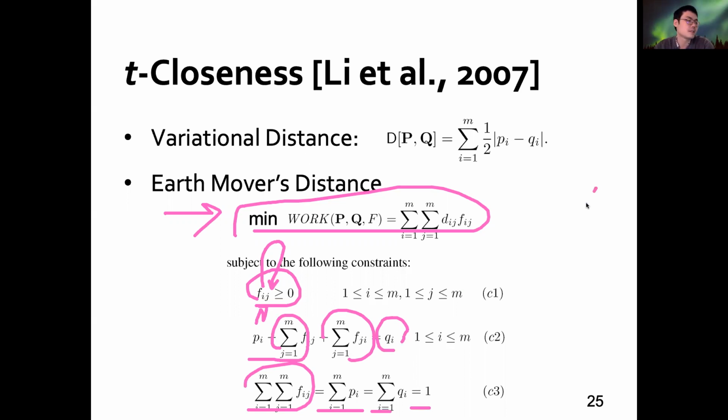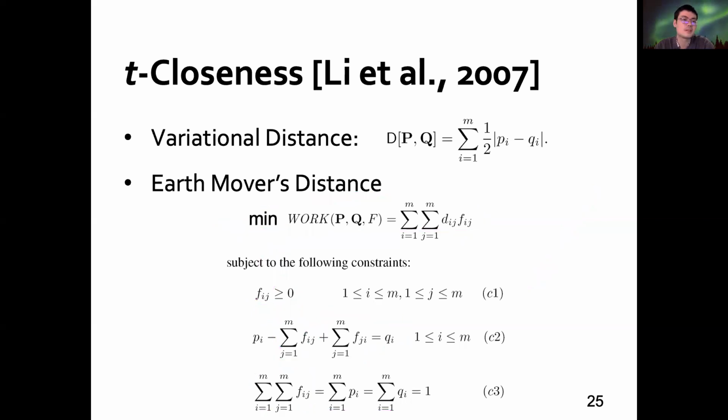So you solve this optimization problem, and this gives you the minimum distance. This is just the concept. It may be a little complicated, but the Earth mover's distance is a metric between two distributions. The intuition is just the Earth mover.